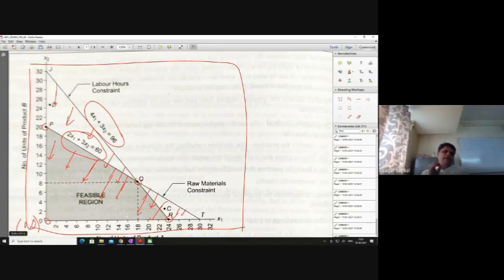If you choose any point from this region, it will satisfy all these constraints, including the non-negativity condition. Do you agree with me?